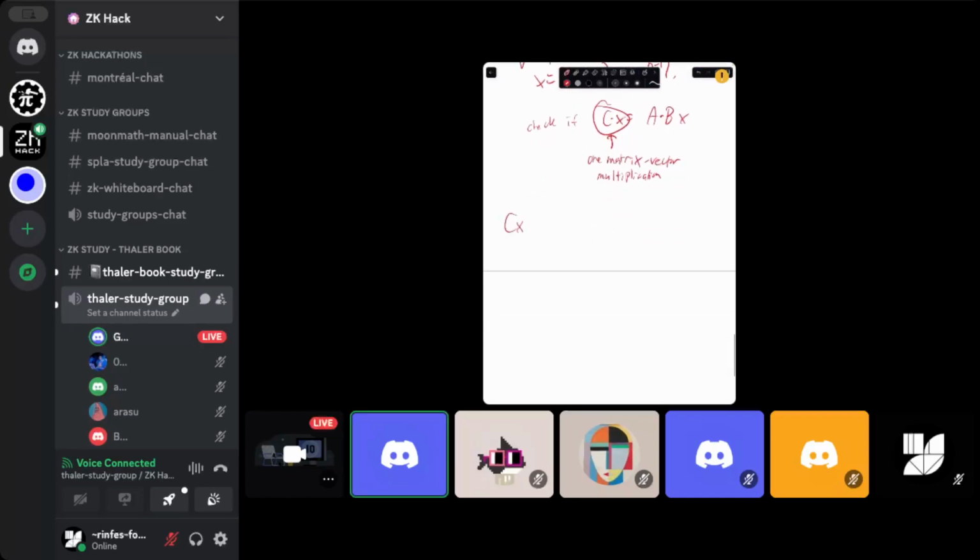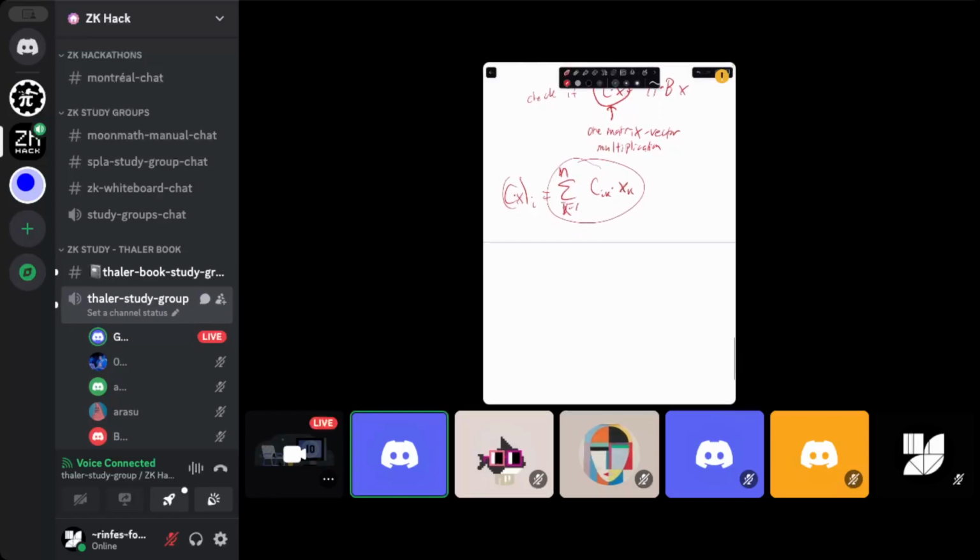Here the ith entry of C times X is the dot product of the ith row of C and X. So this is an order n time computation to compute this sum, and you have to do this once per entry of CX. And so this is n squared time to compute CX.